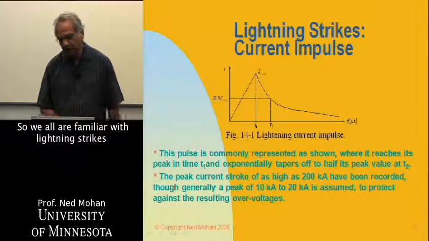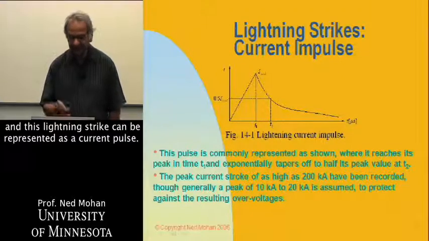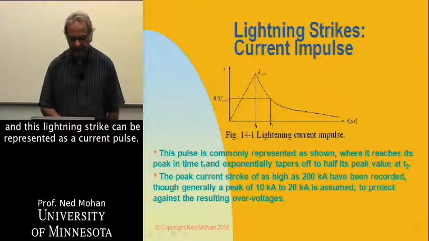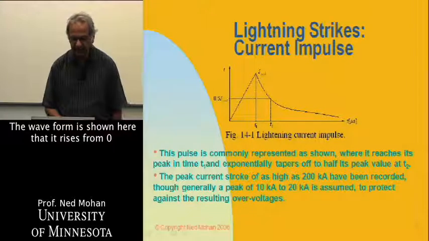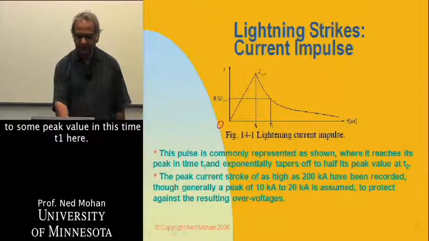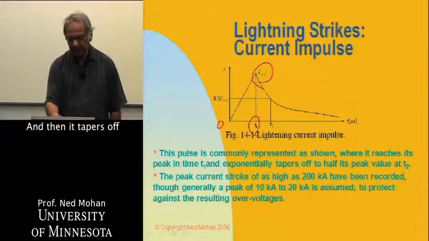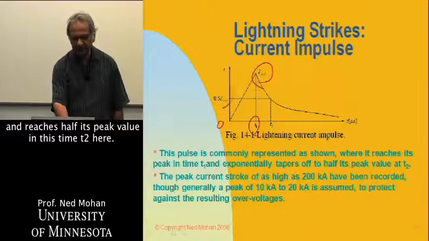So we all are familiar with lightning strikes, and this lightning strike can be represented as a current pulse, and the waveform is shown here, that it rises from 0 to some peak value in this time t1 here, and then it tapers off and reaches half this peak value at this time t2 here.